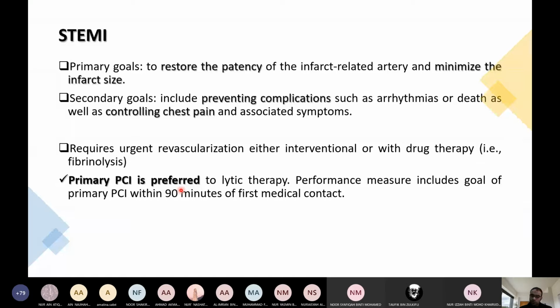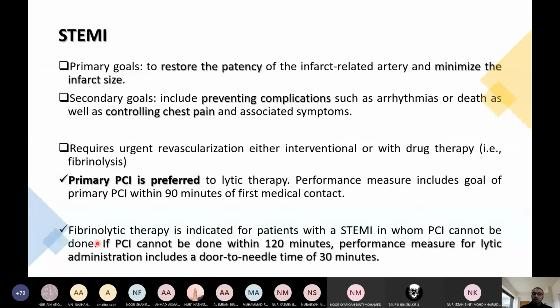The performance measure we highlight includes the goal to perform the primary PCI within 90 minutes of the first medical contact. Once the patient appears, within 90 minutes the PCI should be done if the facility permits. The fibrinolytic therapy is indicated for patients in whom the PCI cannot be done.